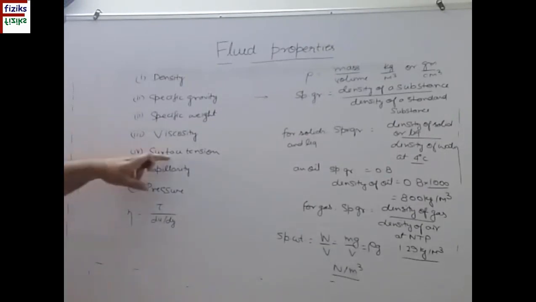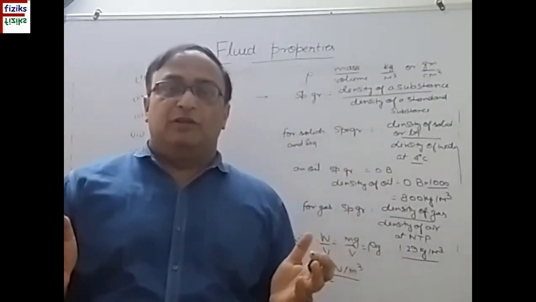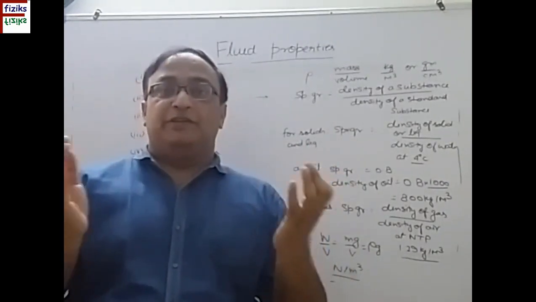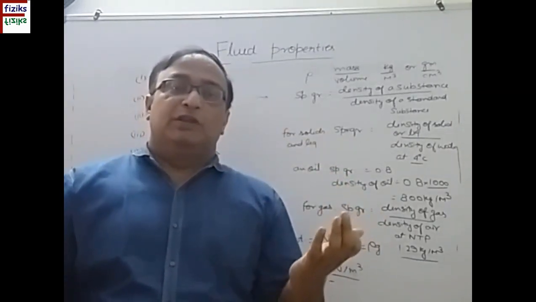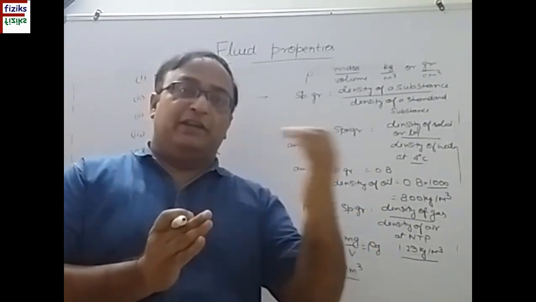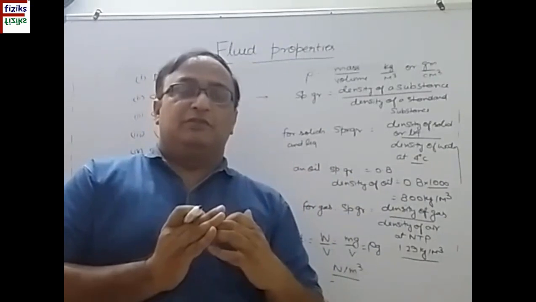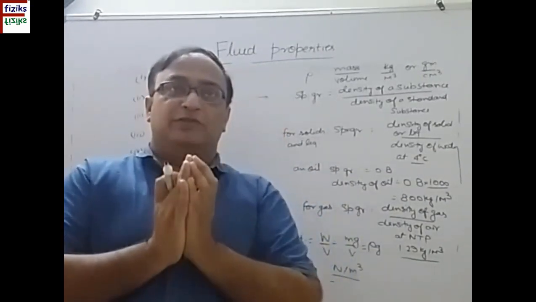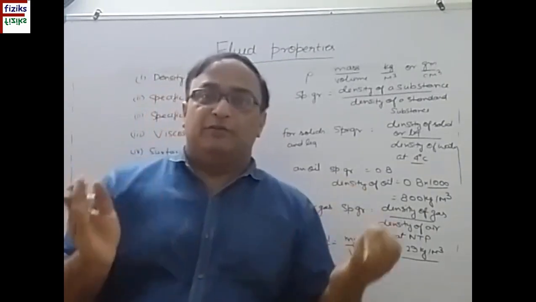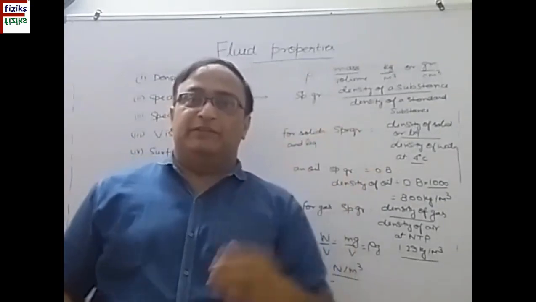Then we have the surface tension. Surface tension is nothing but the property of a fluid by virtue of which the fluid tries to make and maintain a film. And this we will be discussing in detail in the next classes also. What is the surface tension? This is because of the cohesive forces of the fluid molecules. There are two types of forces, cohesive and adhesive.